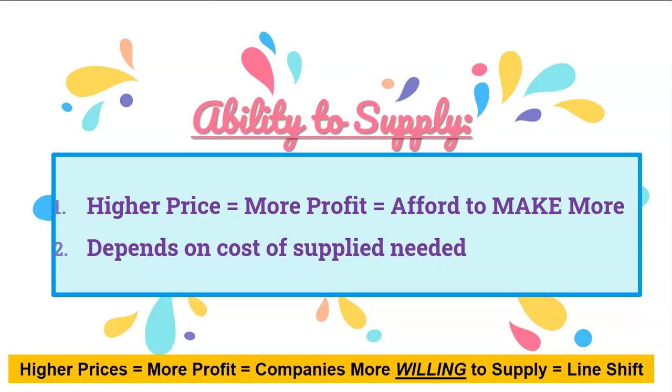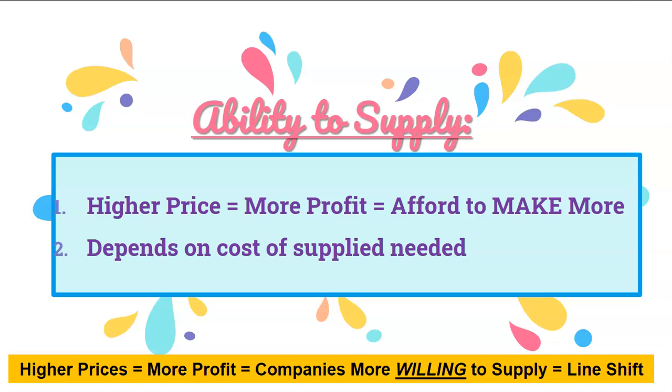Ability to supply. So when you have a higher price, like that hamburger example, you're going to have more profit. Once you have more profit or more money in the bank for the business, you can actually afford to purchase the supplies and machinery and hire the people to make more of that product. Now, this does depend on the cost of supplies that are needed.